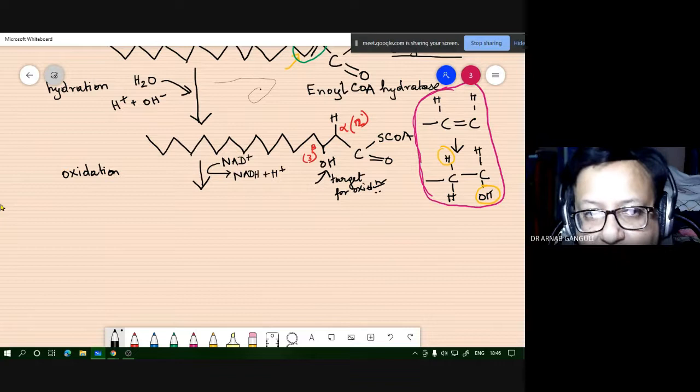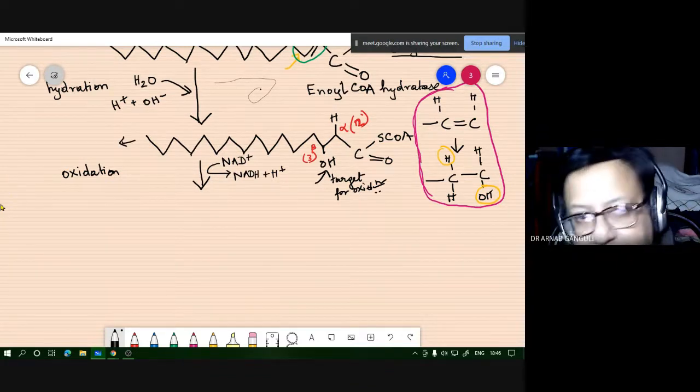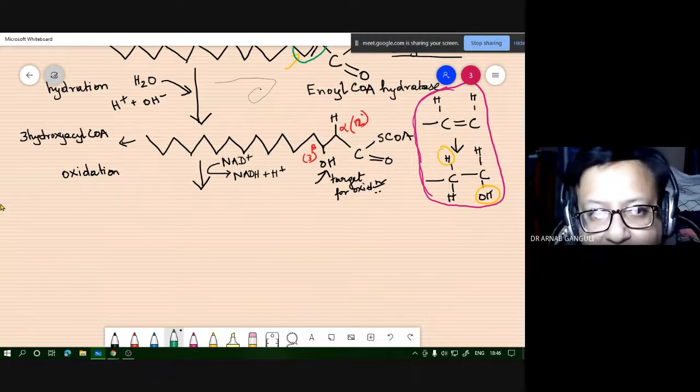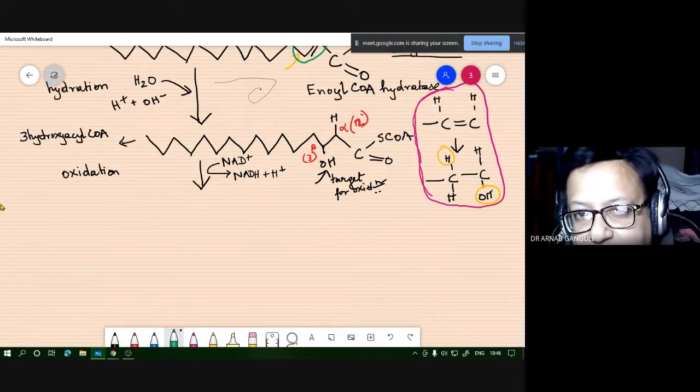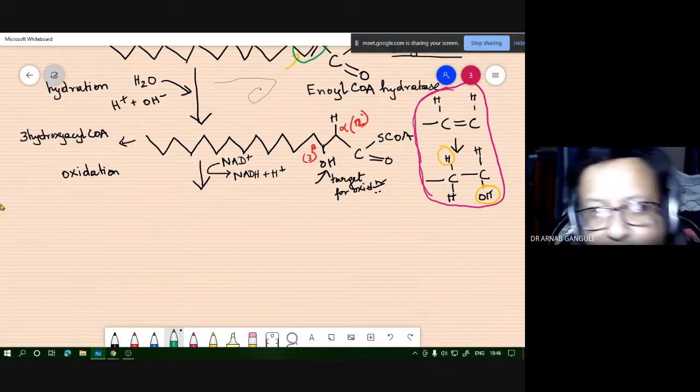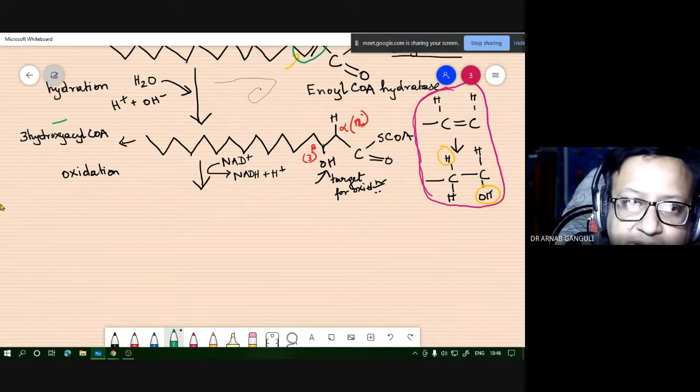Now I have forgotten to mention that this type of compound is known as 3-hydroxy acyl CoA. This 3-hydroxy acyl CoA means in the third carbon there is a hydroxyl group in this acyl CoA.